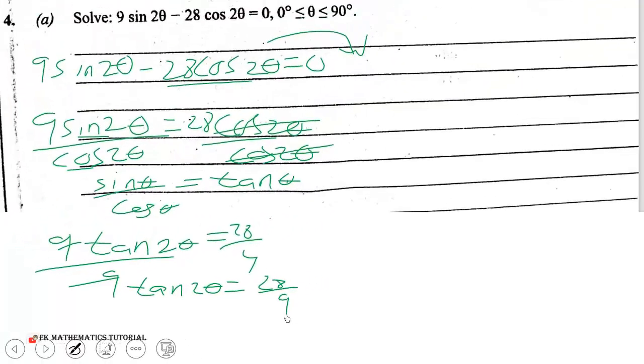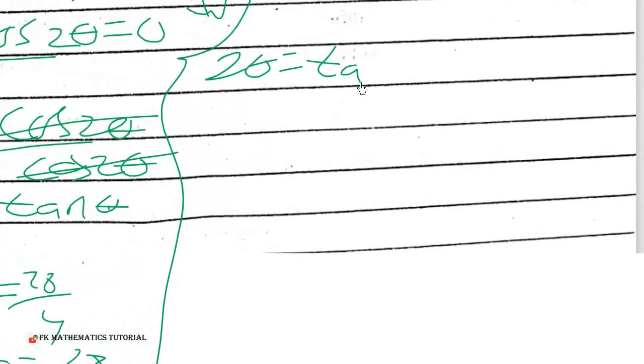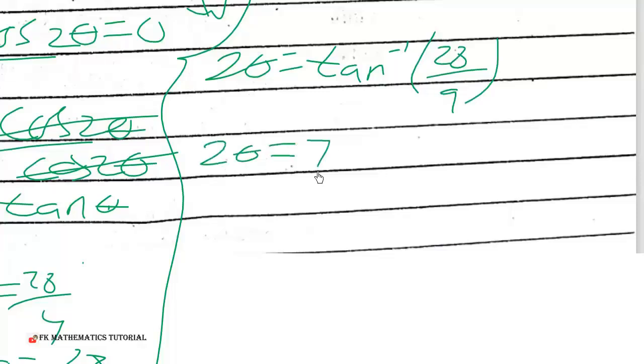So we are going to take the tan inverse of both sides. So 2 theta will be equal to tan inverse of 28 over 9. So 2 theta will be equal to 72.18.